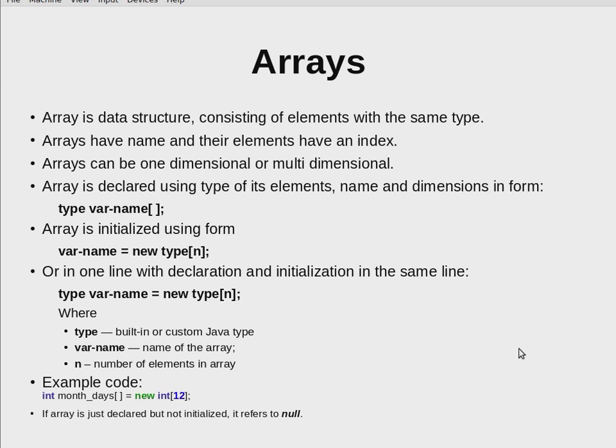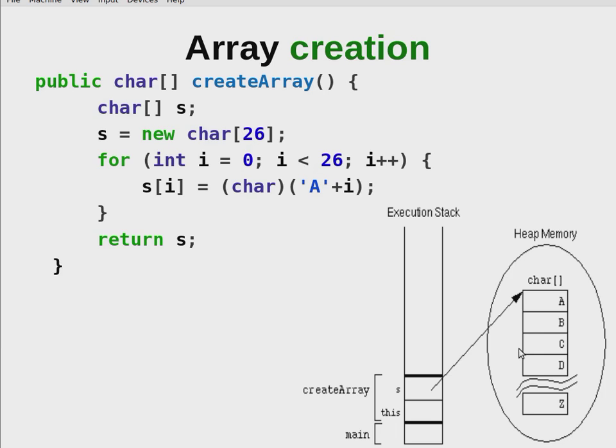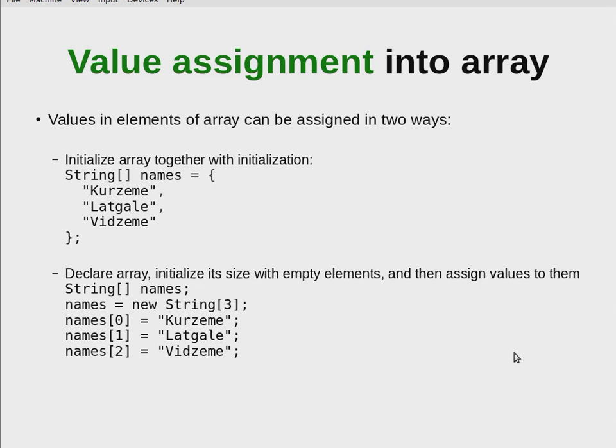So I think I told the most important things about arrays, and here is a little bit different but the same representation of what I told you. You can also initialize an array immediately after its declaration. Then you say String or whatever the array is, and then opening curly brackets and comma-delimited values for it.